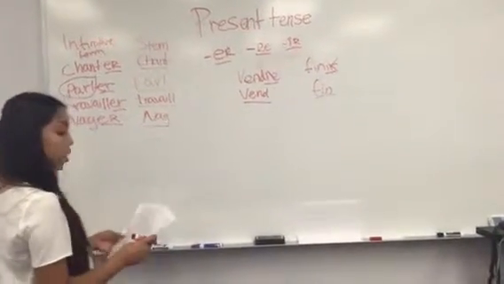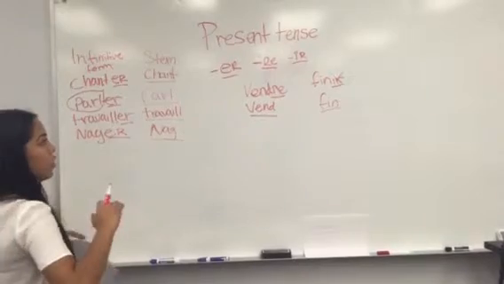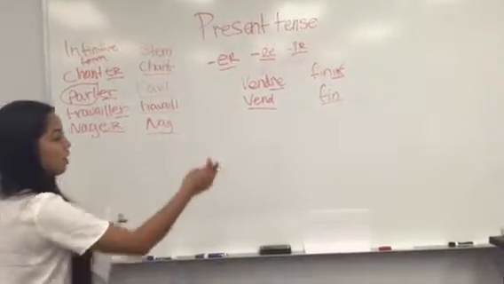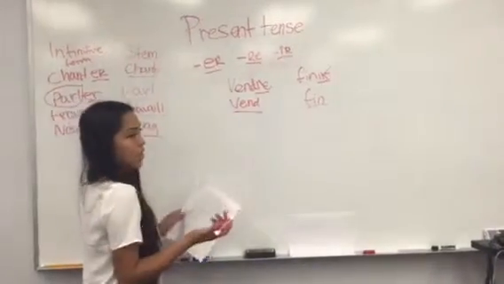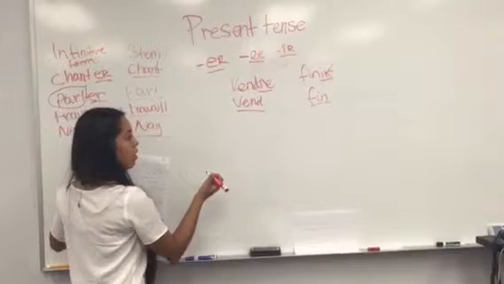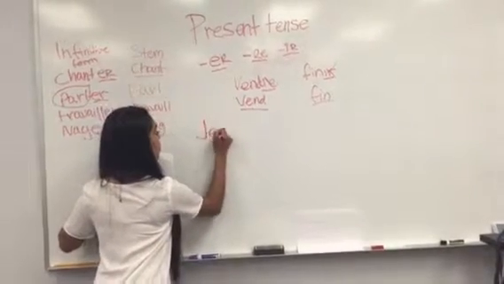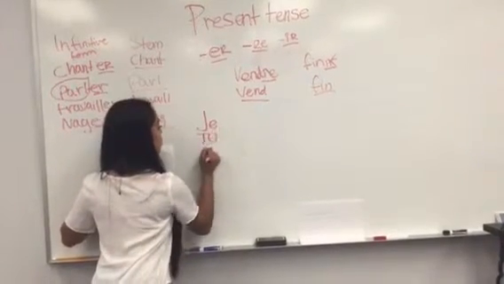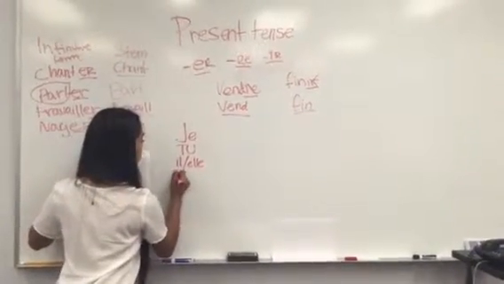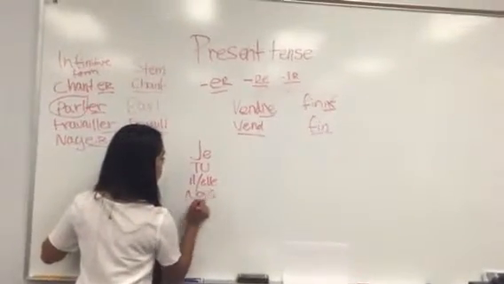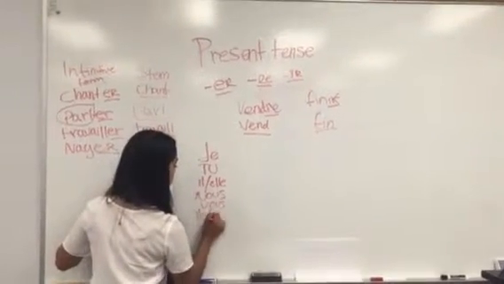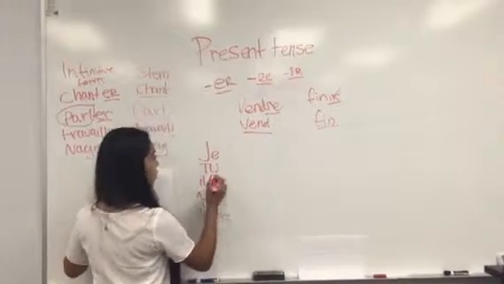And then how to conjugate, how to put the form of the subject and the stem and the ending all together. Conjugating present tense would be like this. We're going to use parler for this example. Okay, je.